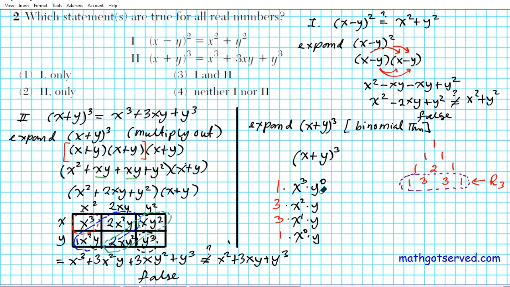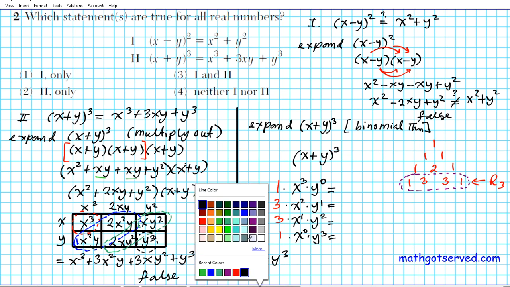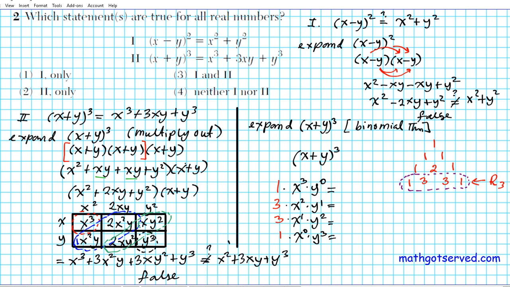And then the power of y ascends from 0 to 3. 0, 1, 2, 3. So just multiply these out, add them up, and that will be your final answer. For the first term and last term, the terms with the 0th power are going to be 1. So y to the 0th power is 1, and x to the 0th power is 1.